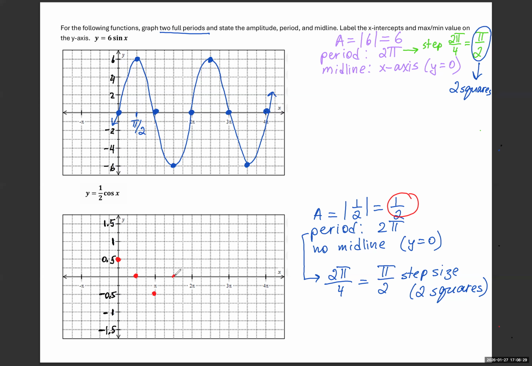Then min, then back into the x-intercept, back to the max, back to the x-intercept, back to the min. We have to have 2 full periods, so we have to keep going. All right, connect the dots. You do need to know the shape of the function for this.